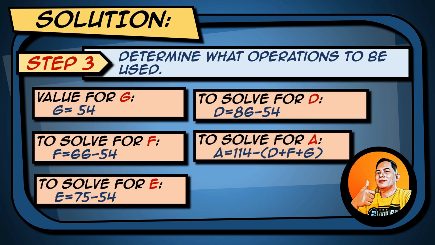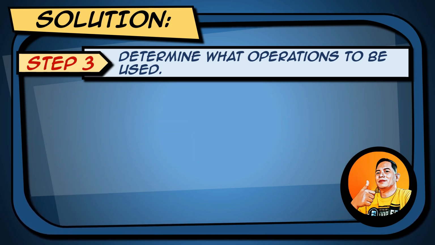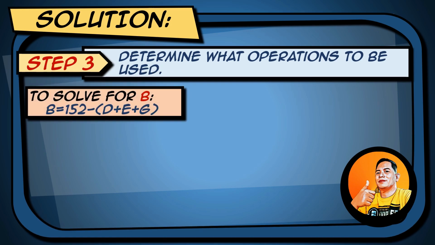And to solve for A, A is equal to 114 minus (D plus F plus G). So if you want to see the value given here, you can proceed to the given value in our problem. Another, we have to solve for B. B is equal to 152 minus (D plus E plus G).